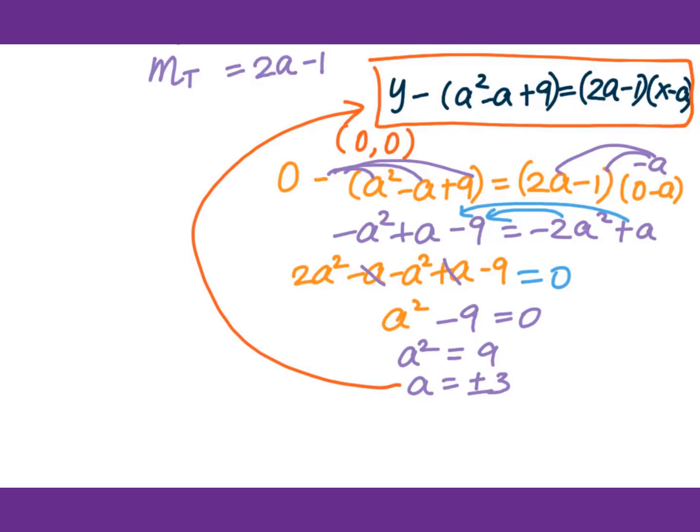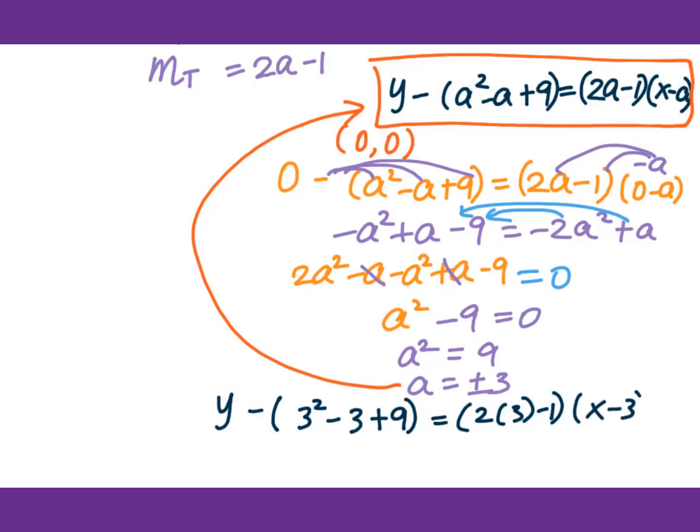You will get y minus. Let's plug in positive 3 first. So you get y minus (3 squared minus 3 plus 9) equals (2 times 3 minus 1) times (x minus 3).